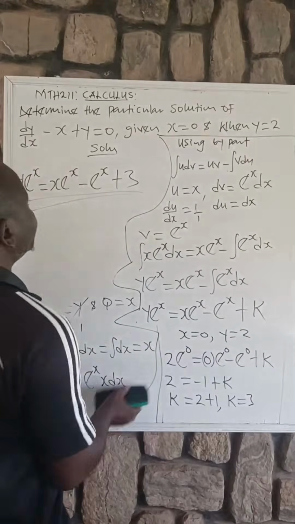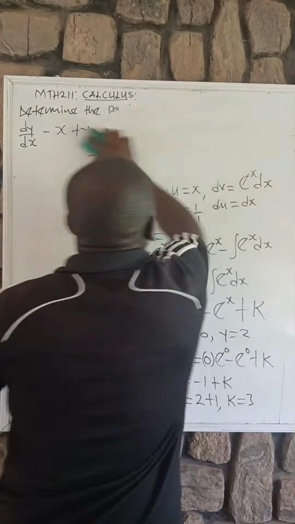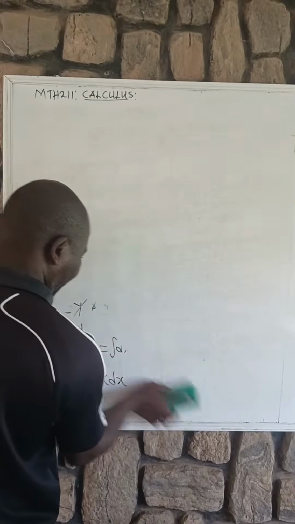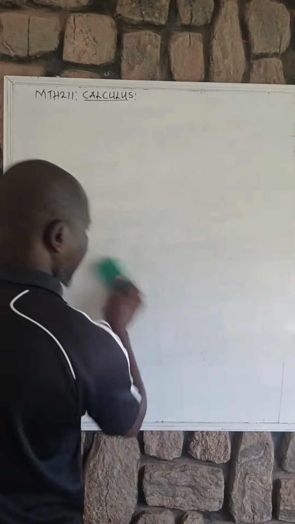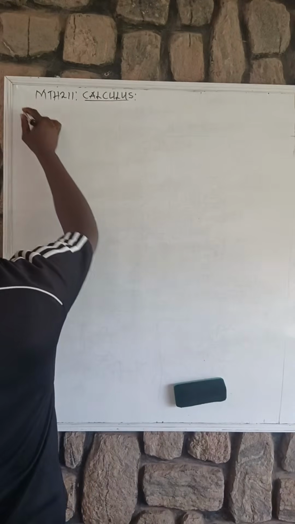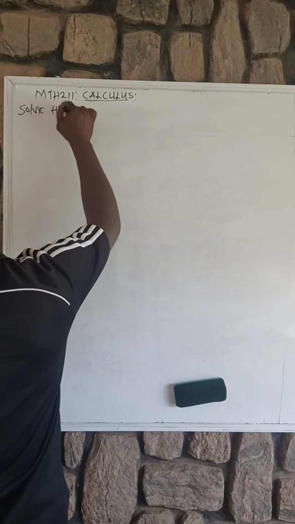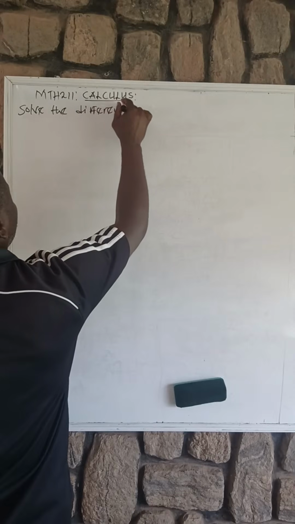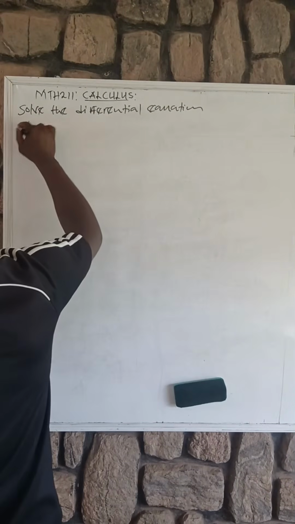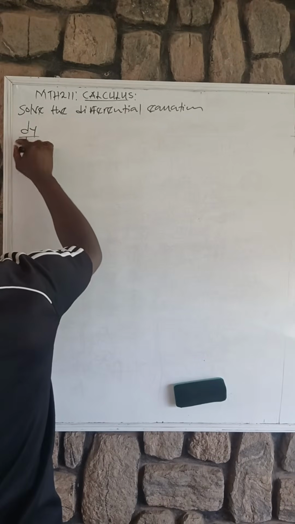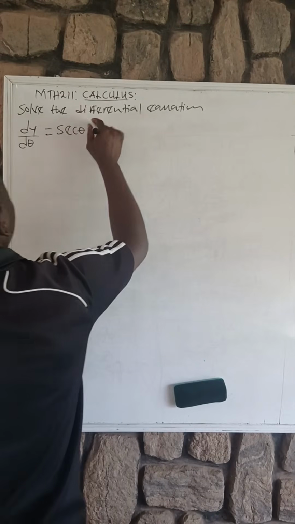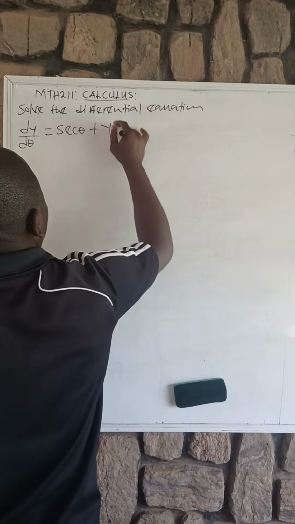Okay, let's look at this. Solve the differential equation: dy over d theta equals sec theta plus y tan theta.